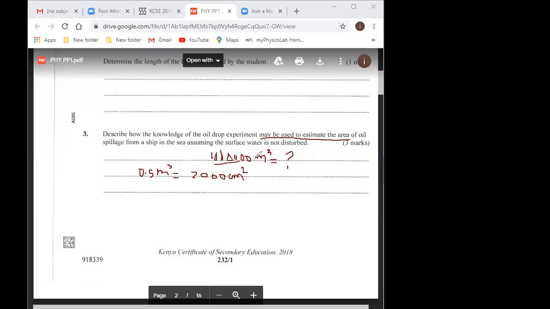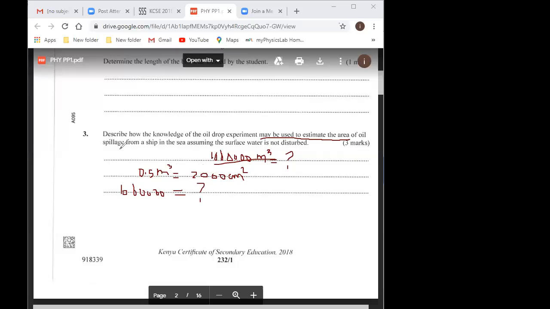You ask yourself, what about 1 million? 1 million is going to spread to what extent? So you do cross multiplication and you get the answer.